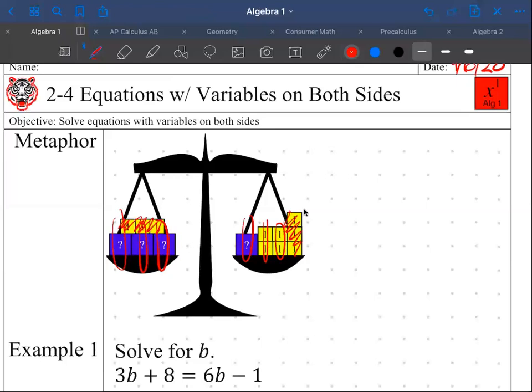And then there's another way to approach it too, which is to take off a question mark block from each side. Because they weigh the same amount, right? So I can just take off a question mark block, take off a question mark block, and then I have 2 question mark blocks equal to the 4, and then from there you can do groups again. I can say I have a group of 1, 2, maybe don't use black.